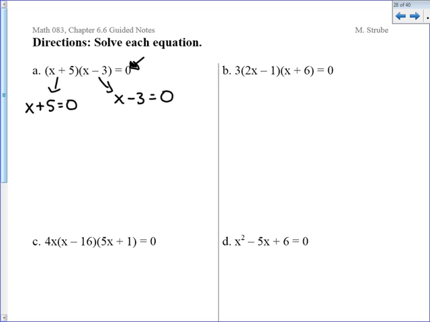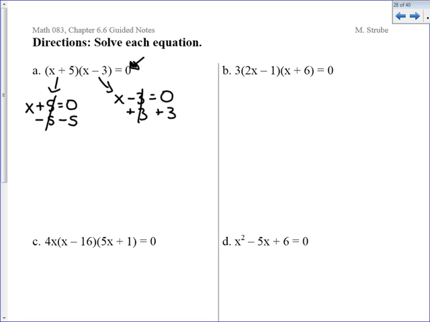So I've got my factors, it's equal to 0, set each factor with a variable equal to 0 and solve it. So if I have x plus 5 equals 0 to solve that, I just subtract 5 from both sides. So there's one of my solutions, x equals negative 5. To get my other solution, I'm going to add 3 to both sides so I get x equals positive 3.